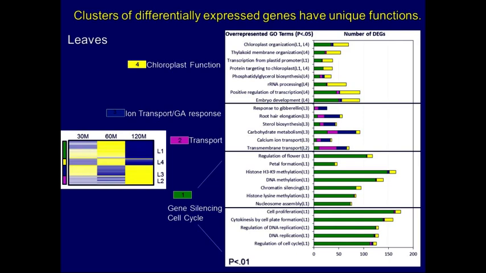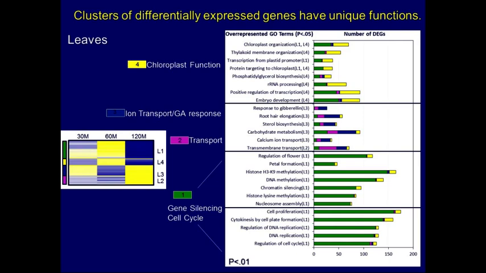Cluster 2, which is down here, which turned on at 120 minutes, was associated with transport. Cluster 3, which is on at 30 and 120 minutes, is associated with iron transport. And then cluster 4 was associated with photosynthesis.